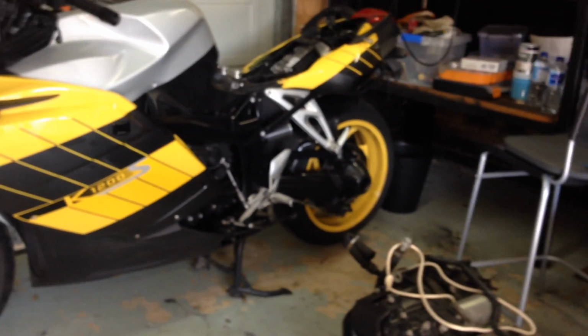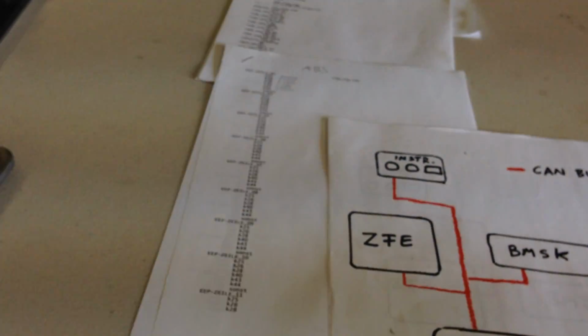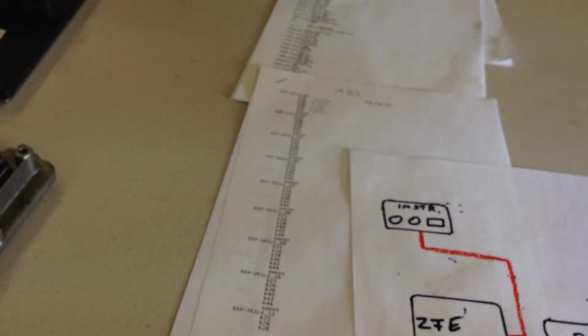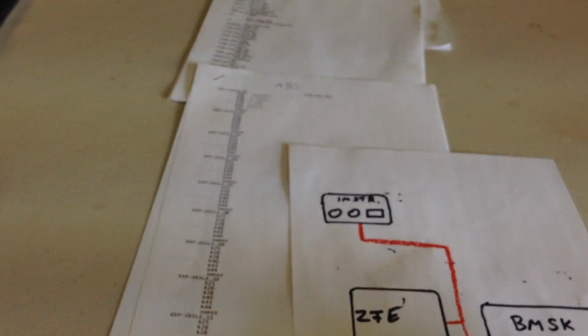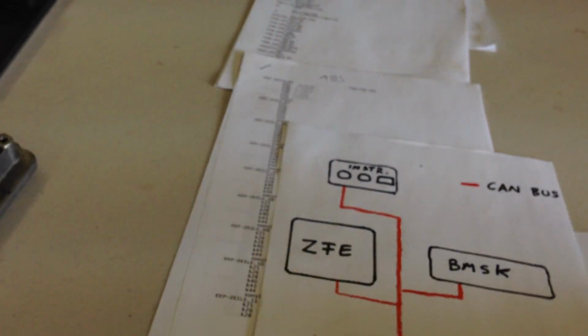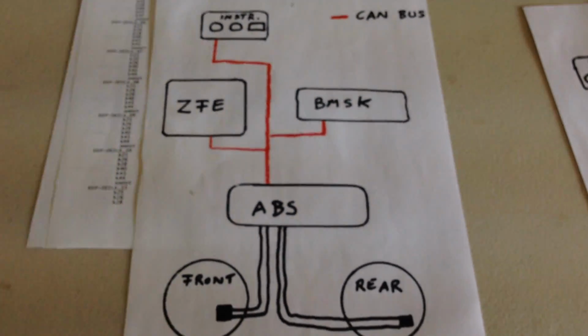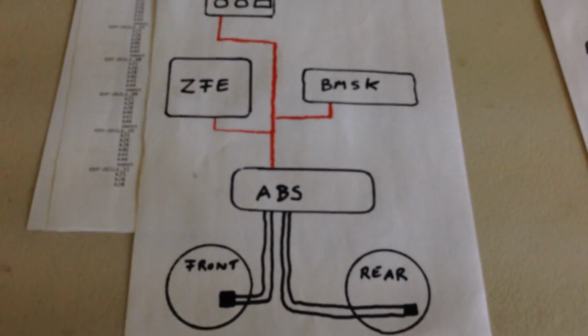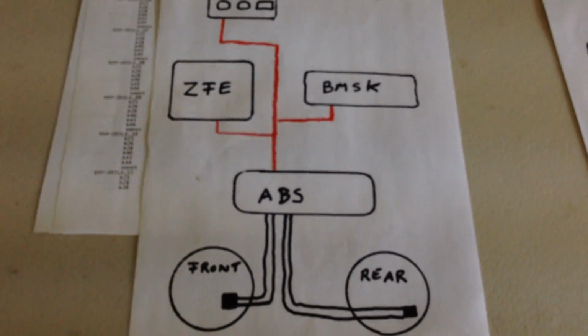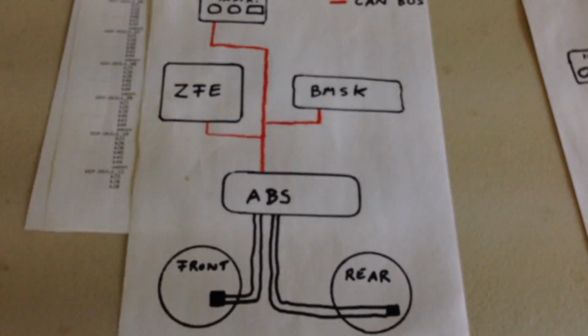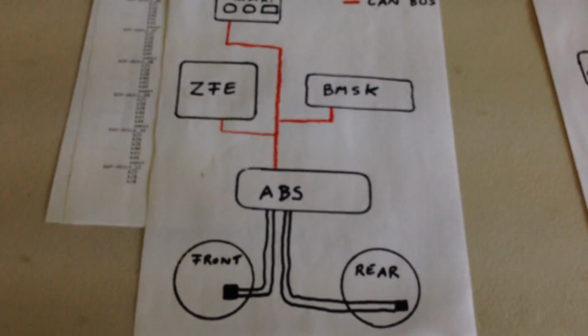So I'll show you how the ABS works, at least electrically, and with the CAN bus. There are two versions of this bike. The version that I have is the ABS version of the bike with the servo assist. Now, a lot of people ask, how can we get rid of the ABS?